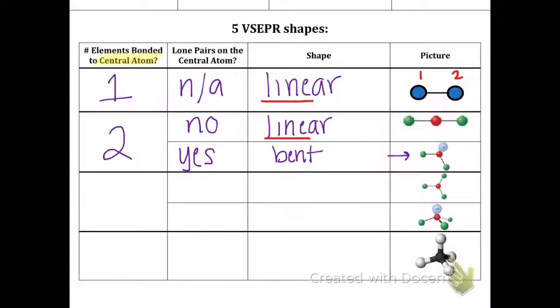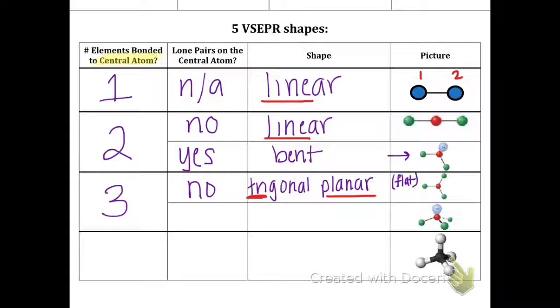All right, if you are attached to 3 of them, and there are no lone pairs on our central atom, we call it trigonal planar. Now this should be easy to remember because tri means 3. Planar means that it's flat, so it creates a very flat shape.